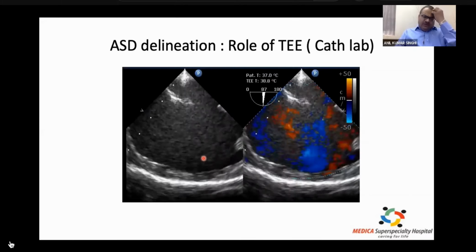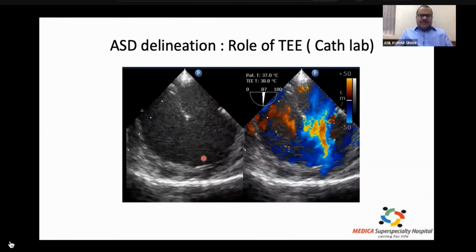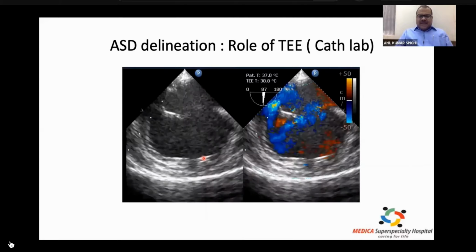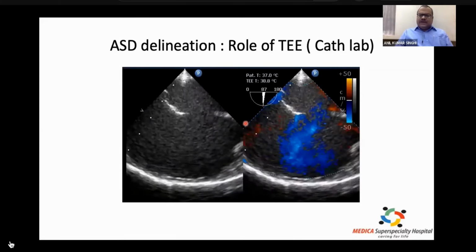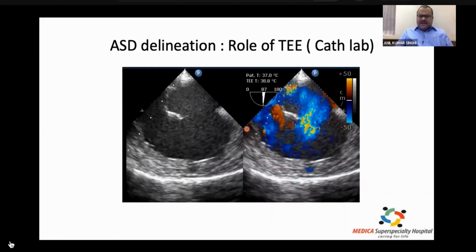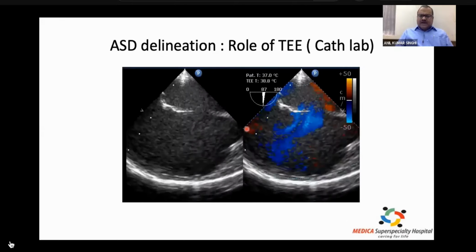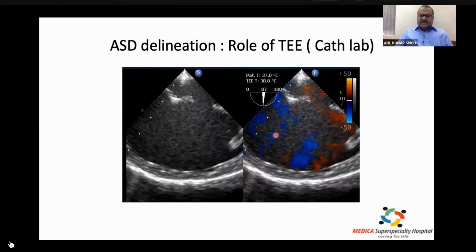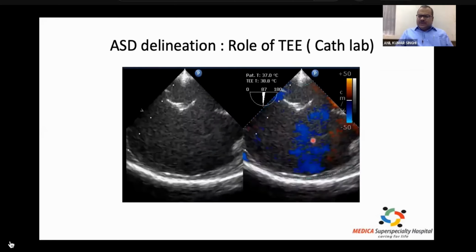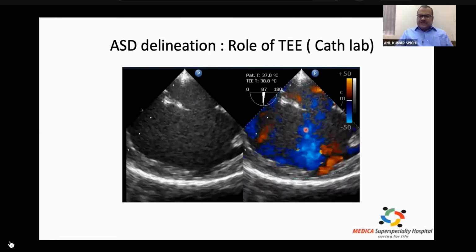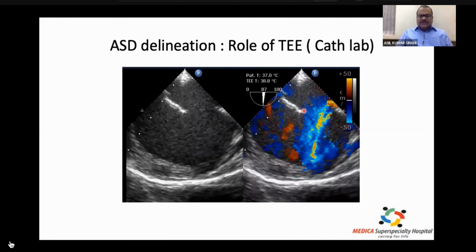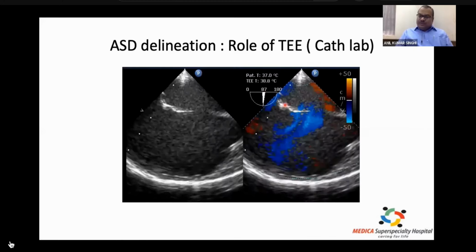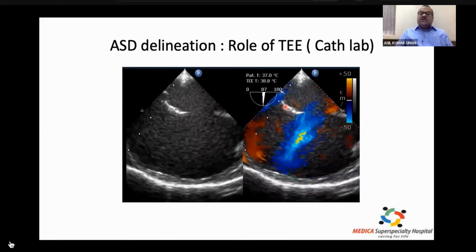So we took the child to the cath lab, and in the cath lab a detailed transesophageal echocardiogram was done to delineate. This is in the 90-degree axis view. This is RA, this is LA, and this is the superior vena cava, superior margin, and we can appreciate this is the larger superior hole, this is the smaller inferior hole, and there is a significant amount of tissue, but it is floppy type.